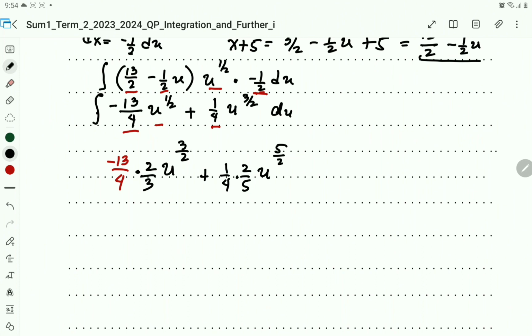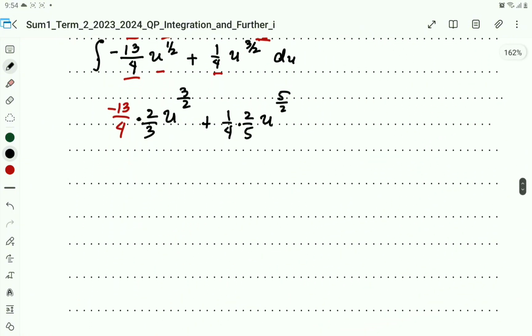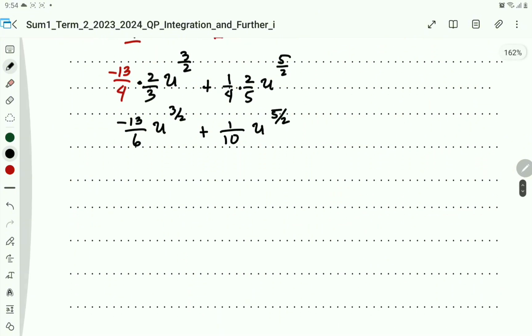Okay? Yes, so far okay. Alright, now let's simplify first. This is going to be negative 13 over 6 u raised to 3 over 2 plus 1 over 10 u raised to 5 over 2.